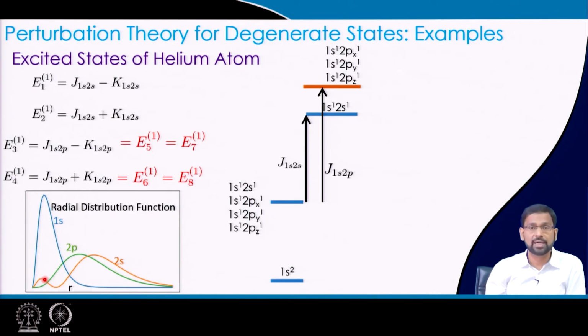Now, how does it matter? The Coulomb interaction comes when the electrons repel each other. When it comes to the 2s electron, it will face the repulsion from only that part of the 1s charge cloud which is yet not penetrated, because the 2s electron is able to penetrate over the 1s charge density.